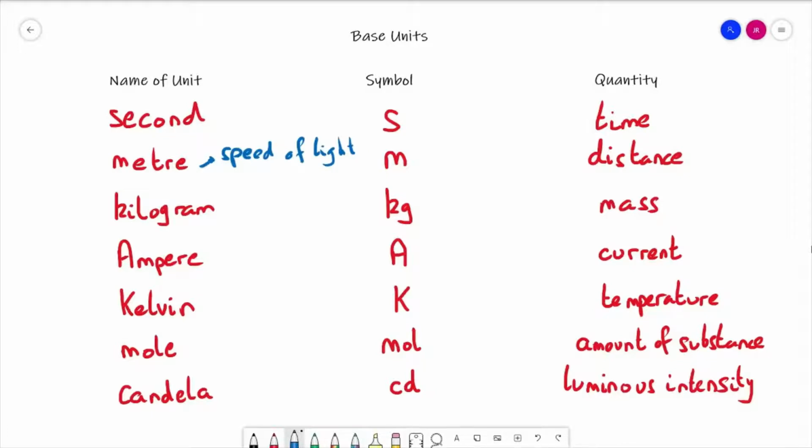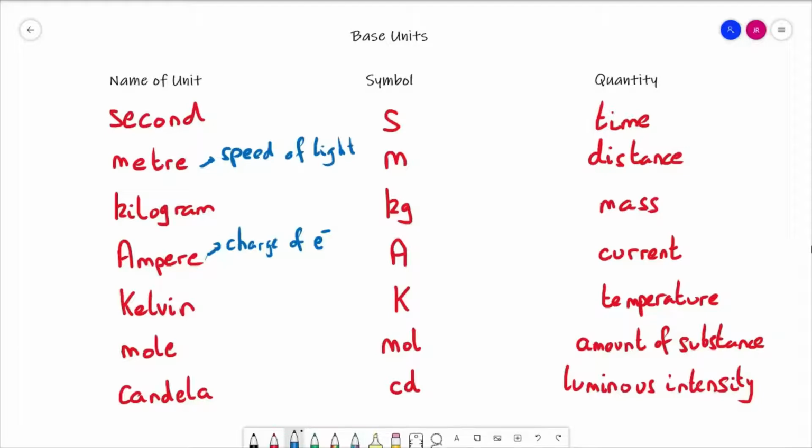And as I said, the metre is defined based on that constant, which of course is a fundamental constant of nature. We know it's a constant and we know that it can't change. The ampere, for example, is based off the charge of an electron. And all the rest of them, as I said, are based off these fundamental constants of nature.